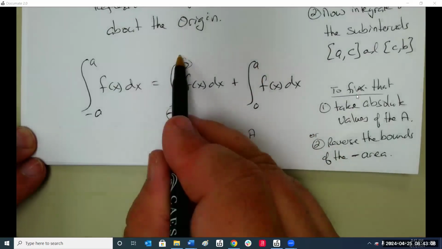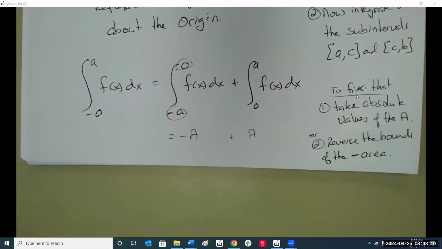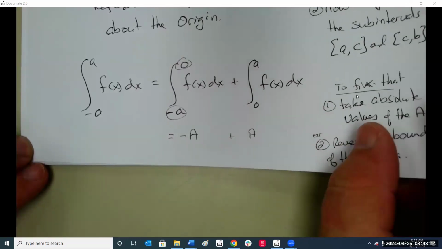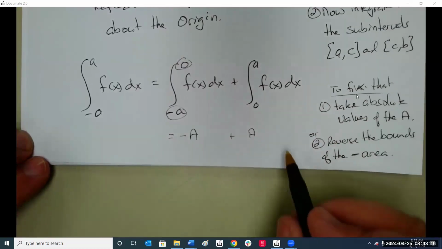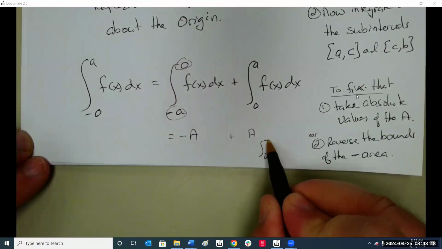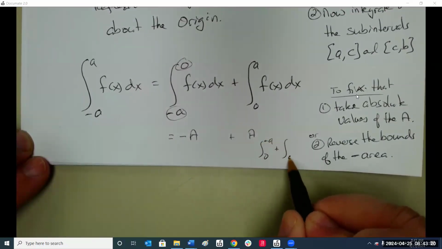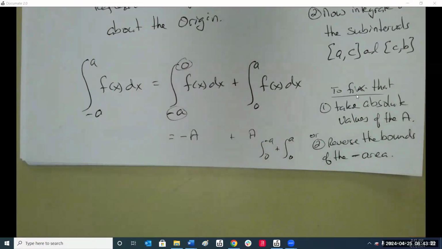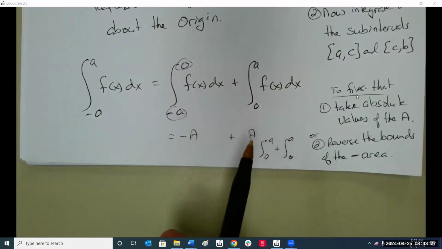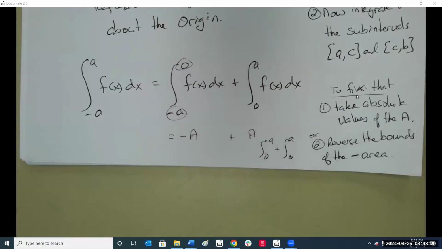So it's 0 to negative a, 0 to a. That's how you do it. Because you cannot have negative areas, since an area is a positive value.